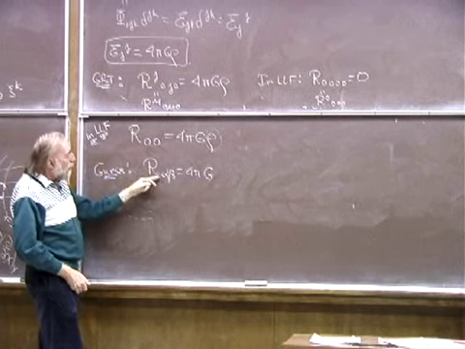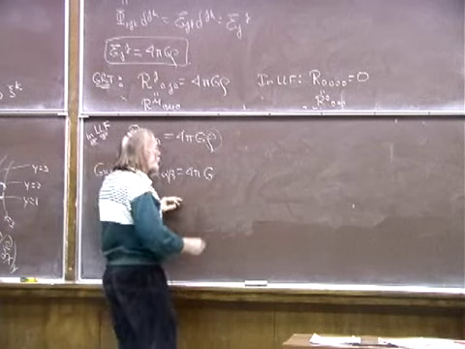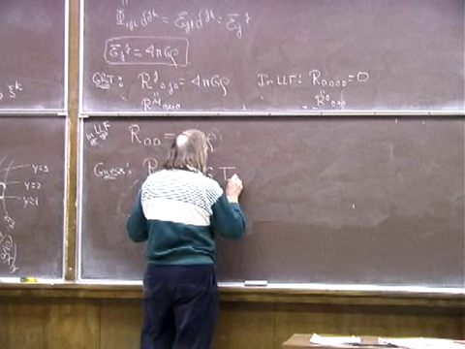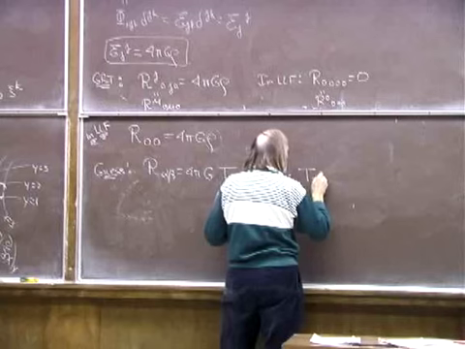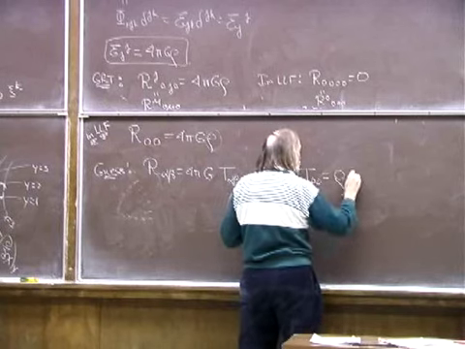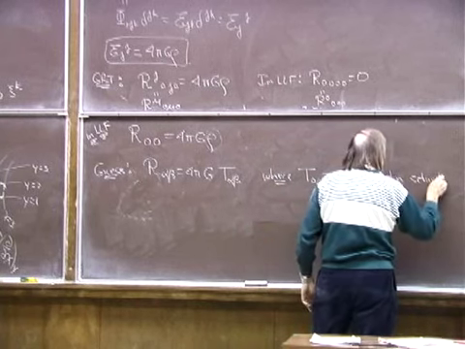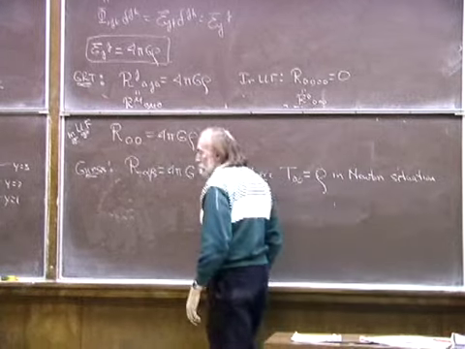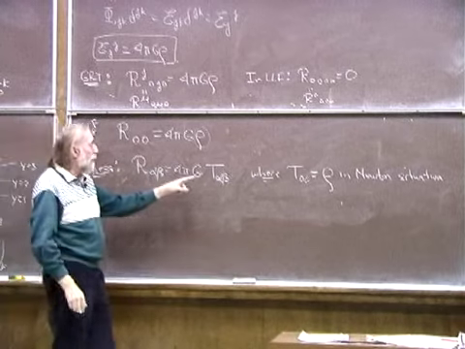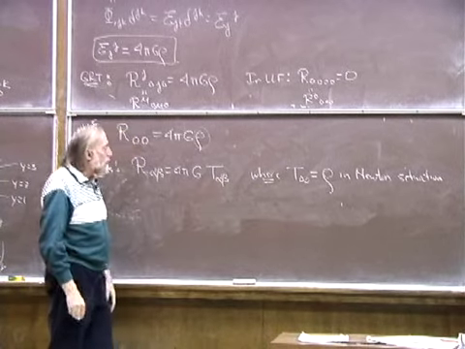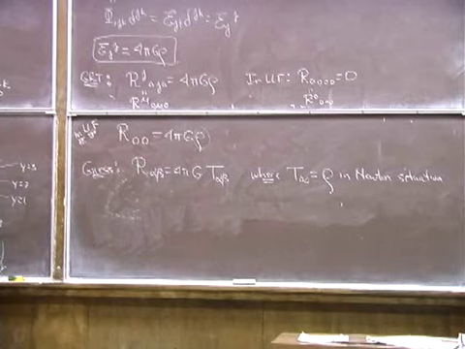But I want this to be R_{αβ}, so for the full Ricci tensor, it should be equal to 4πG times something that has the property that T_{00} is equal to the mass density in a Newtonian situation. So the guess is that the Ricci tensor is 4πG times some analog of mass density whose time component is equal to mass density in a Newtonian situation.